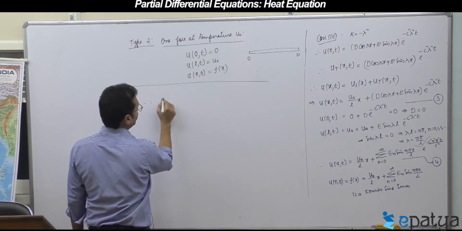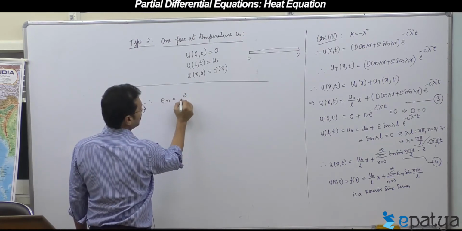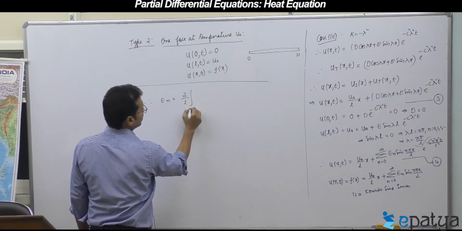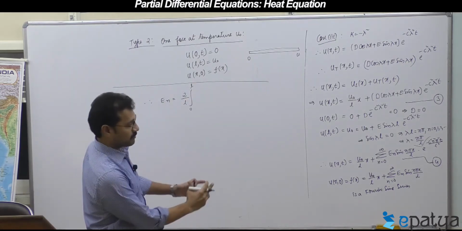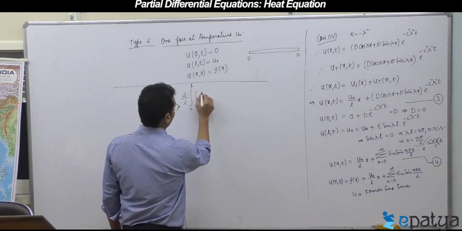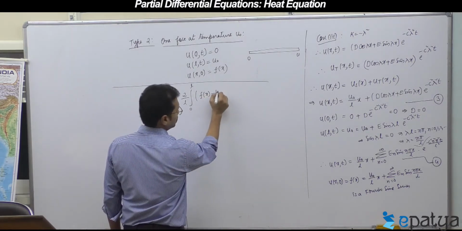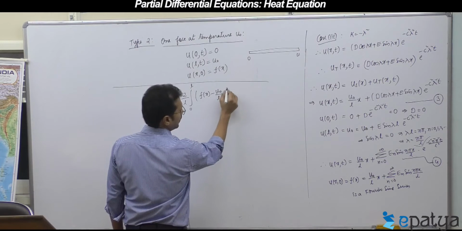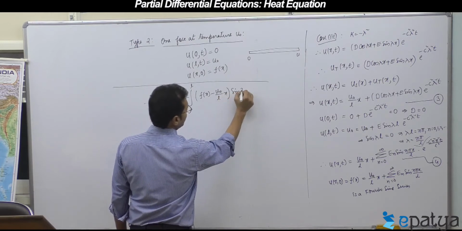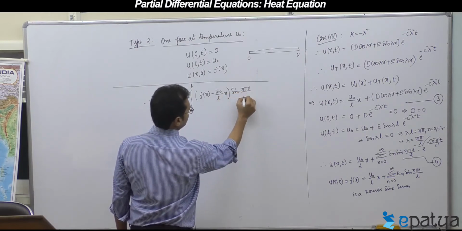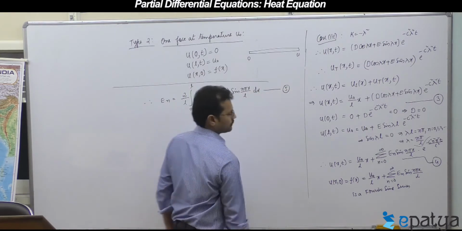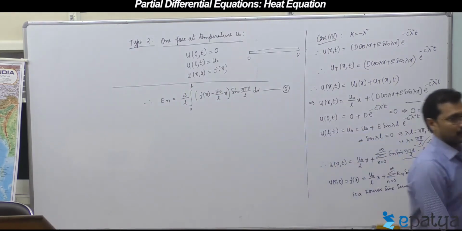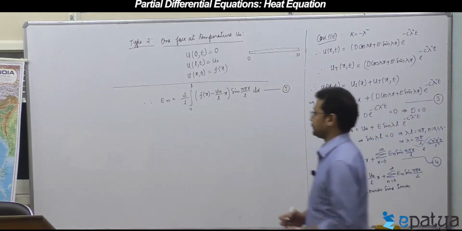Therefore, En equals 2 by L integral 0 to L of f of x minus u naught by L into x, times sin n pi x by L dx, which is equation number 5. So 4 and 5 together give the solution.